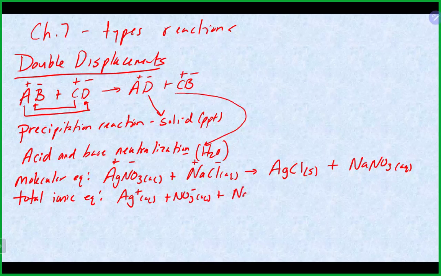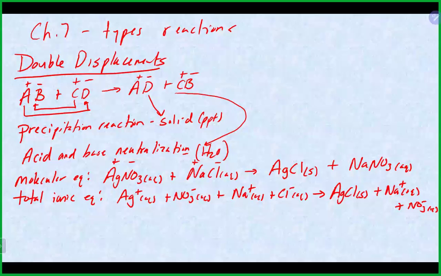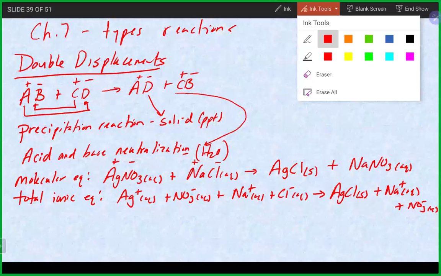Same thing with our sodium chloride, also a strong electrolyte, which breaks apart into its ions. The silver chloride is a solid, so it has to stay together, otherwise it would not be a solid. And our sodium nitrate will also break apart into its ions. That's an equation that describes what is truly going on in the reaction.